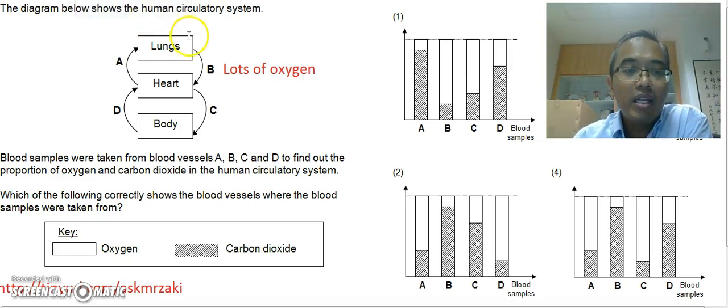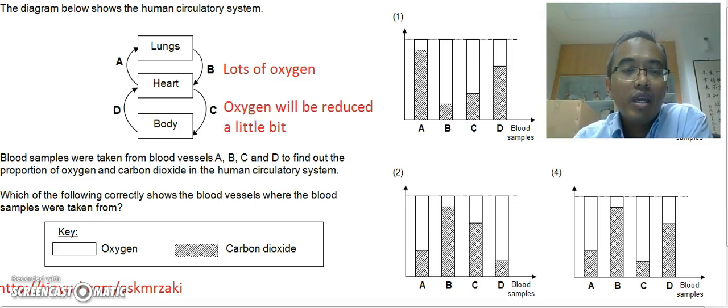So as the blood leaves the lungs, it will have lots and lots of oxygen. Am I right? Okay. And the heart will be using some of that oxygen. So as it leaves the heart in C, the oxygen will be reduced a little bit more compared to what it was in B. Alright. And then when it goes to the body, it will use a lot more oxygen.